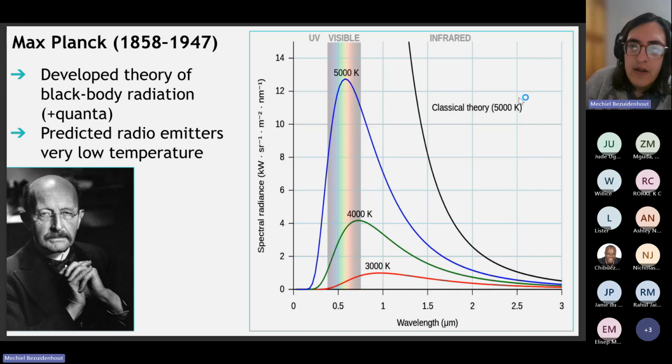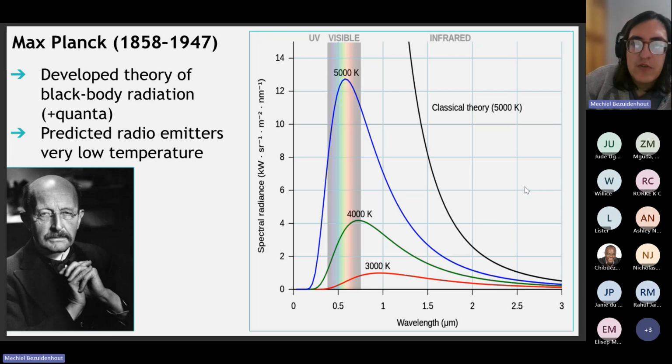According to classical theory, as you can see on the black line on this plot, the prediction from the Rayleigh-Jeans law was that the spectral radiance should continue increasing indefinitely to shorter and shorter wavelengths, so that at the very short wavelengths, including at visible light, the spectral radiance should be infinite, which is a problem because you can't have infinite energy.